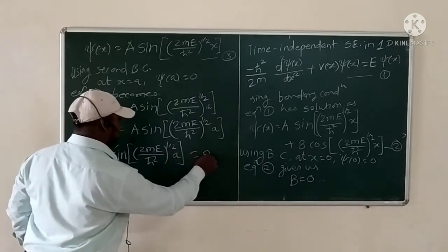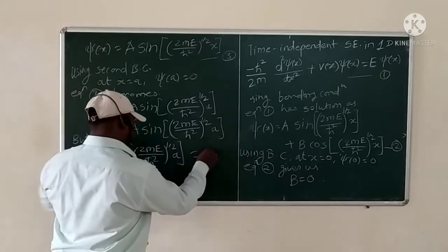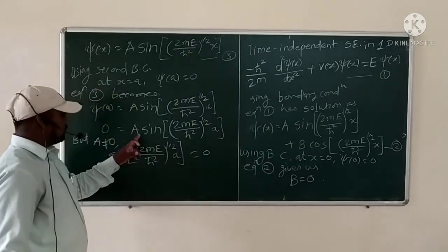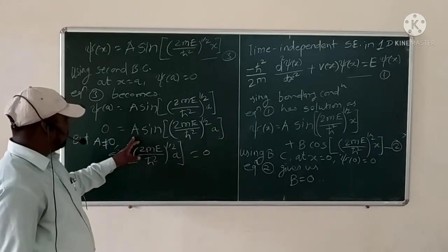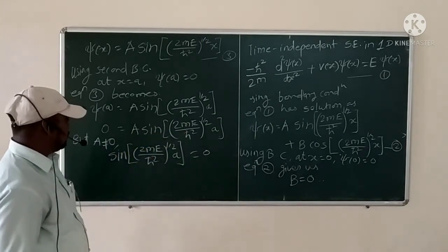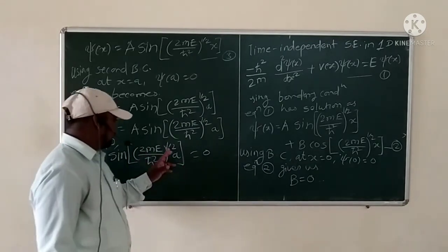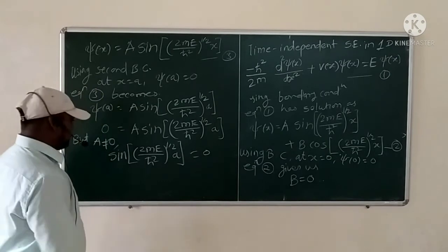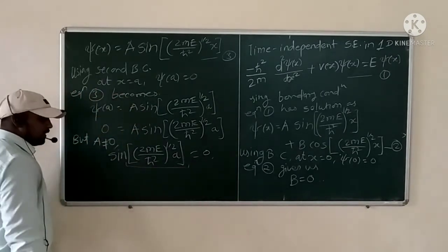So this quantity should be 0 if A is not equal to 0, because there are two terms, A into sin of this much. So if A is not 0, the sin should be 0: sin of the square root of 2mE by h cross squared times a is 0. And this condition holds true when sin of n pi is 0.